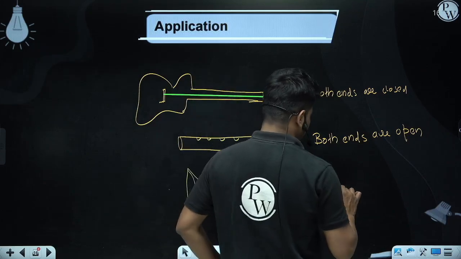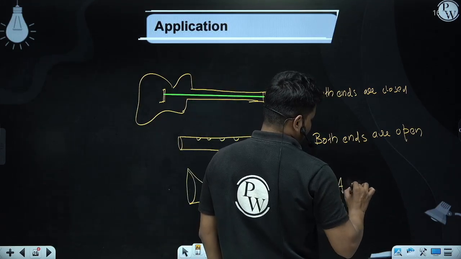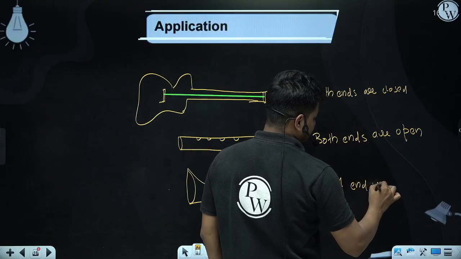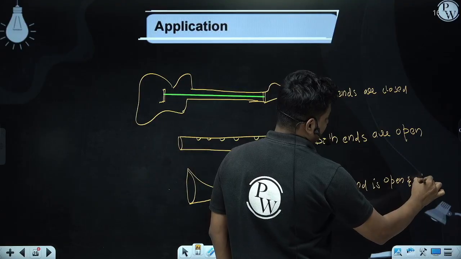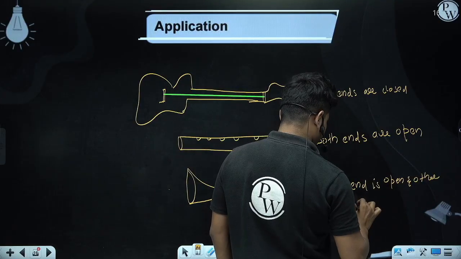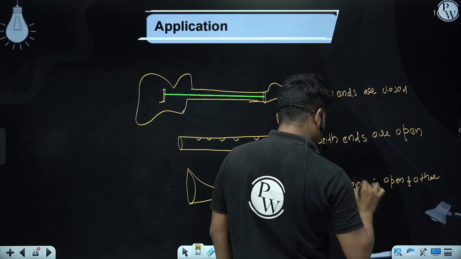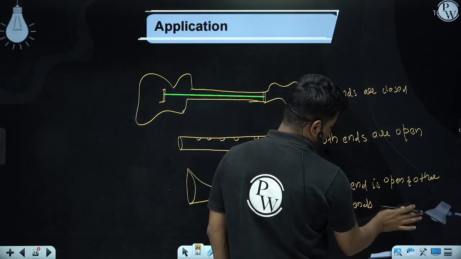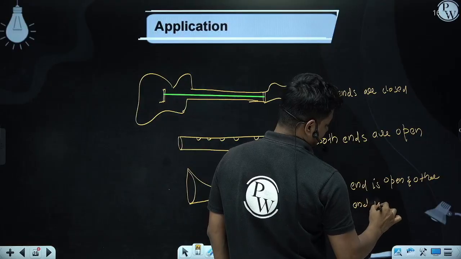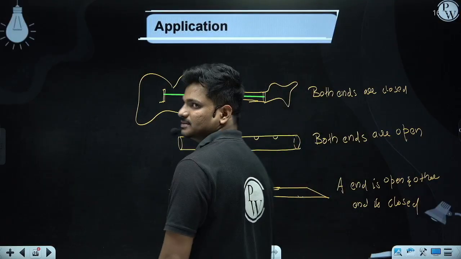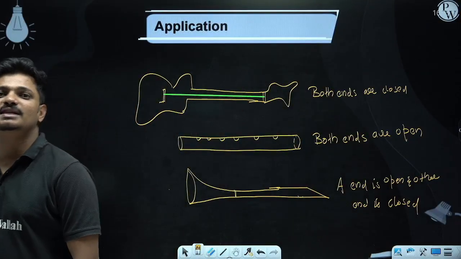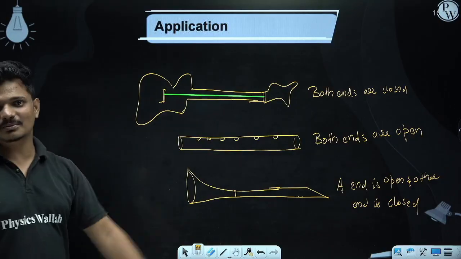Okay, that means one end is open and the other end is closed. That means in these three situations we get a different type of standing wave. Okay, different type of standing wave.